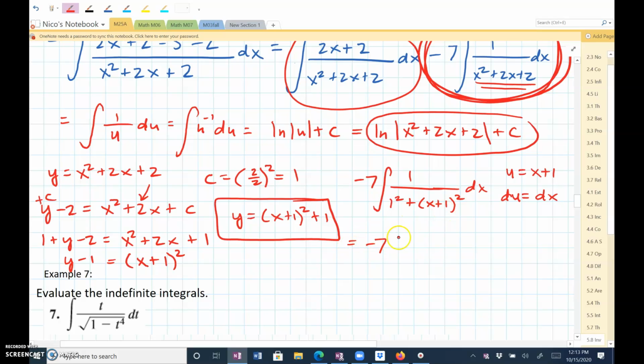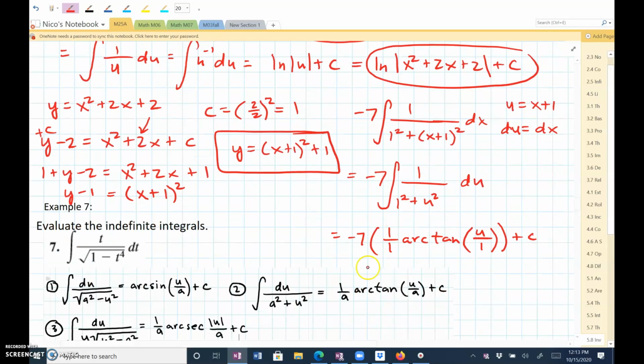So this is going to be equal to -7 times the integral of 1 over 1 squared plus u squared du, and then this becomes -7 times 1 over a arc tangent of u over a plus c, where this would be -7 arc tan, u is x plus 1, plus c.